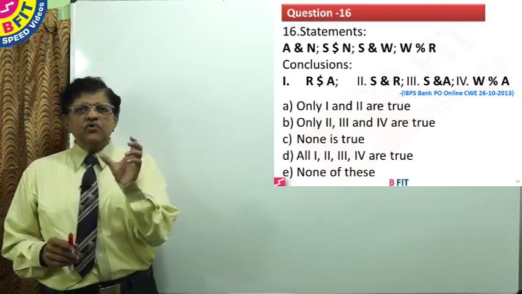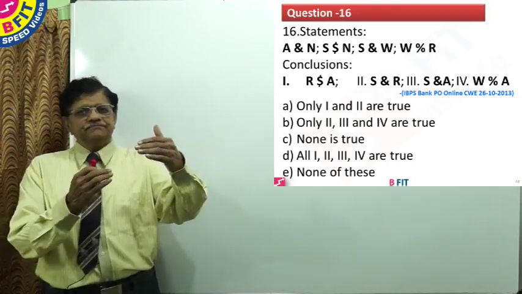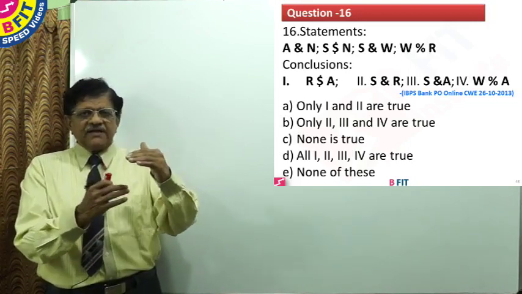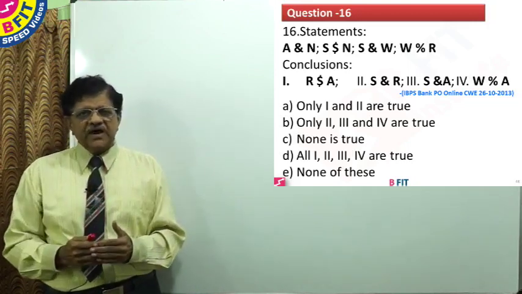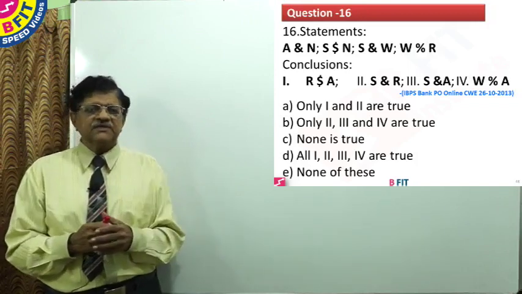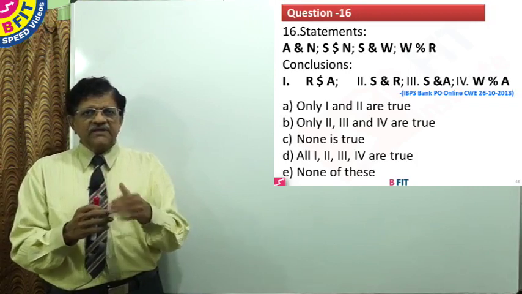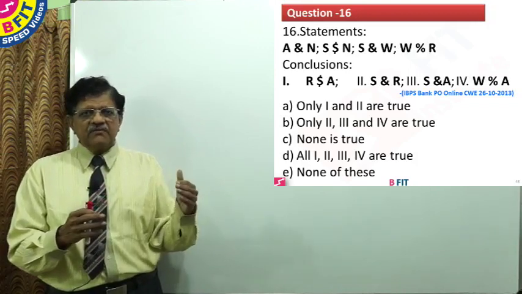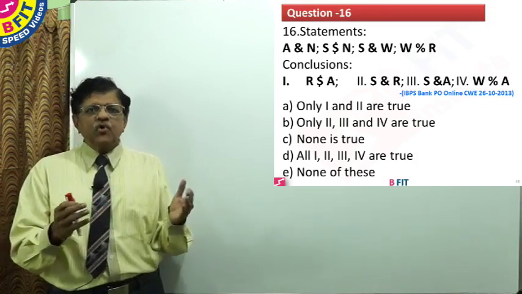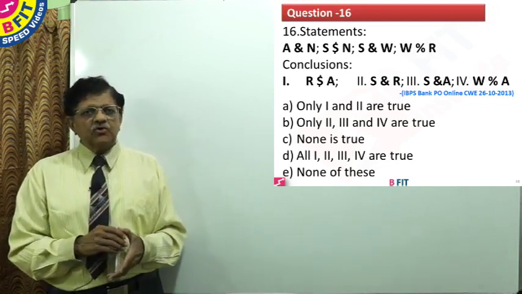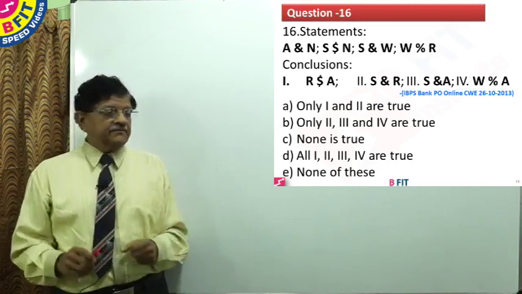Normally they will give you one code and one symbol, and under that 2 or 3 questions will be asked. Normally 4 questions will be asked. Here we are going to see the next 3 questions also, where the same codes represent the same symbols. Now let us see how to work out question number 16.